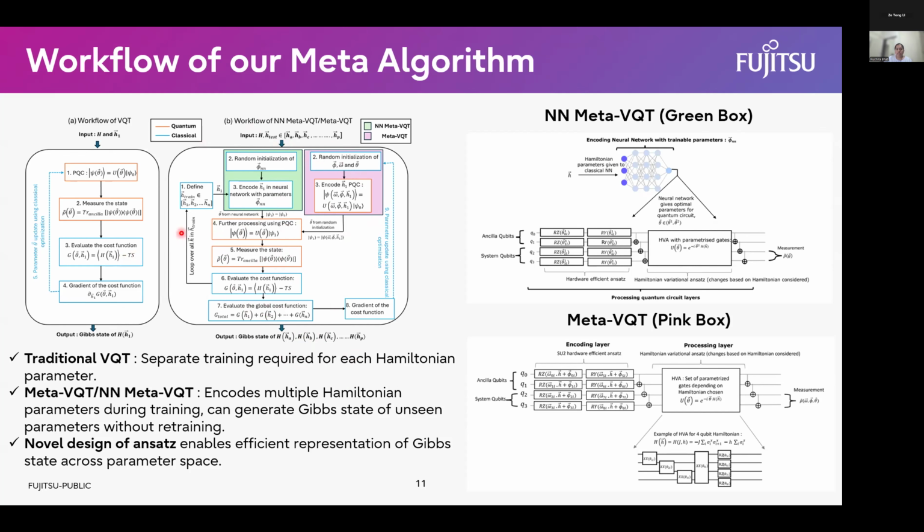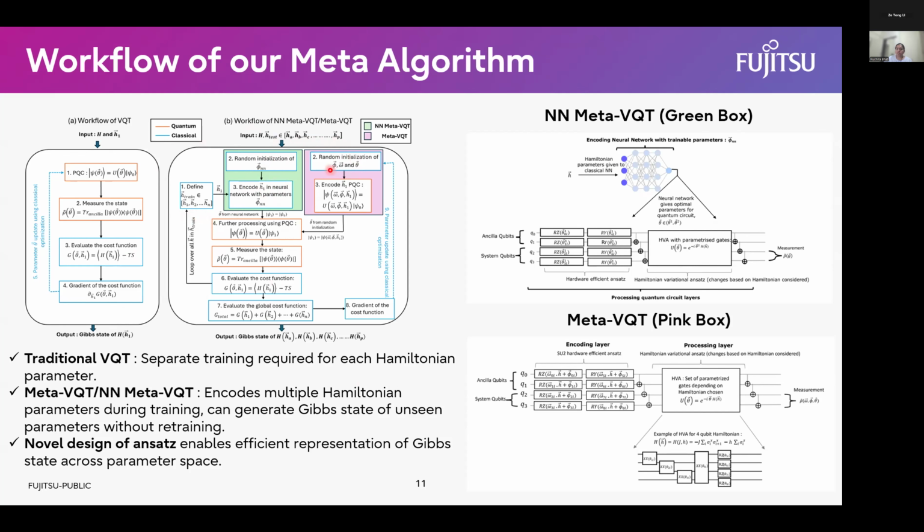And if we look inside this box, what is happening inside? First we define some finite set of parameters of the Hamiltonian, and these parameters may or may not be present in my test set. We take these parameters and encode them either in a classical neural network or in a parameterized quantum circuit.